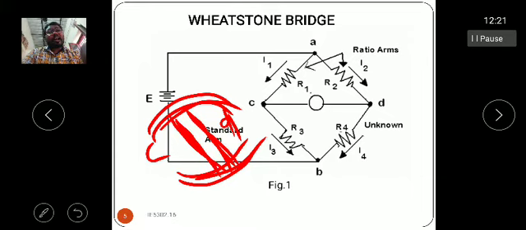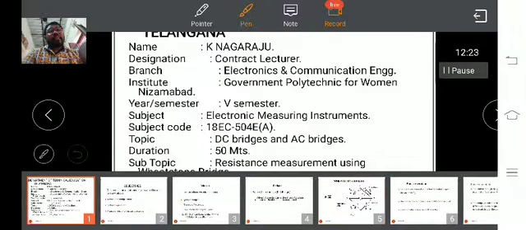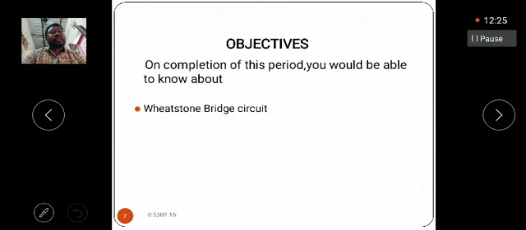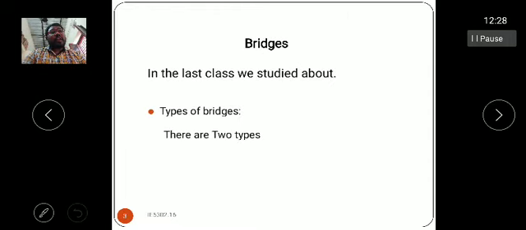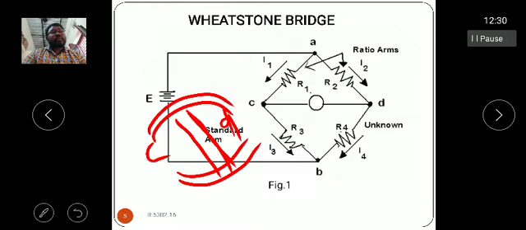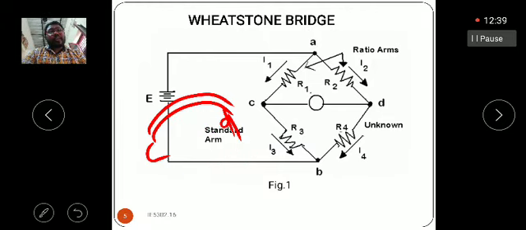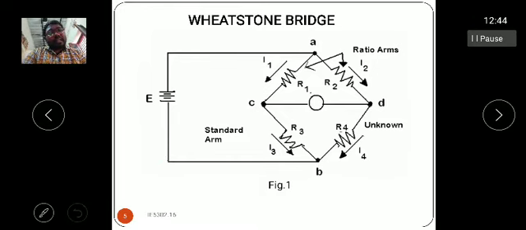Then the current passing through both arms: the current passing through resistor R1 is I1, and the current passing through resistor R2 is I2. If the galvanometer shows zero, the voltage is 0 and the response is 0. The resistors R1 and R3 are in series, because the same current flows from R1 to R3.